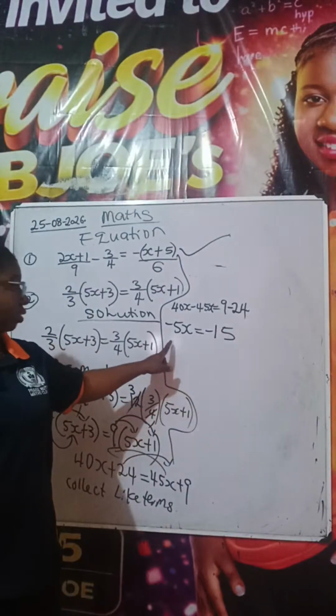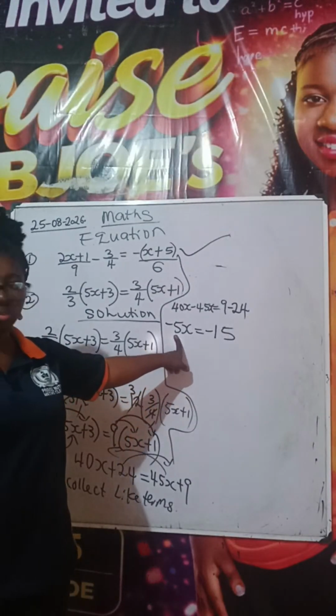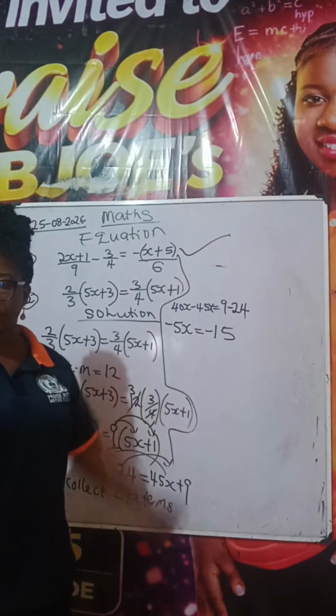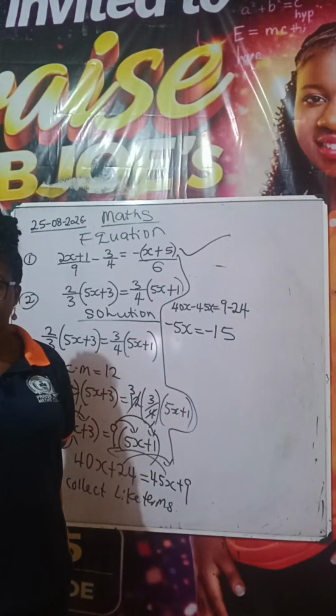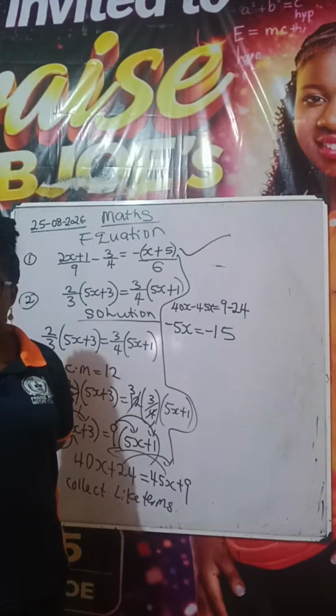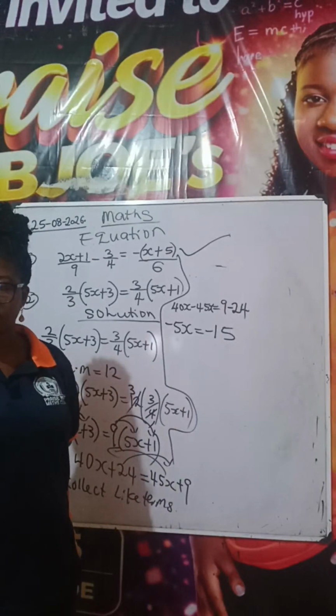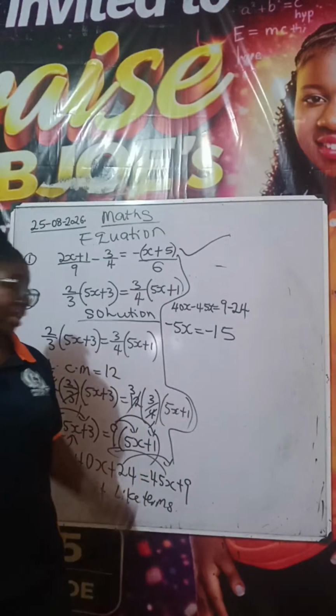I want to remove this 5 here. So what are we going to do? So what do we do, everybody? Divide, correct.